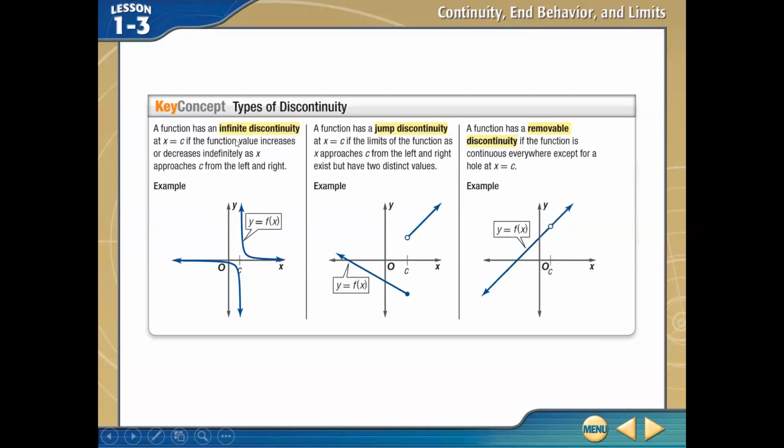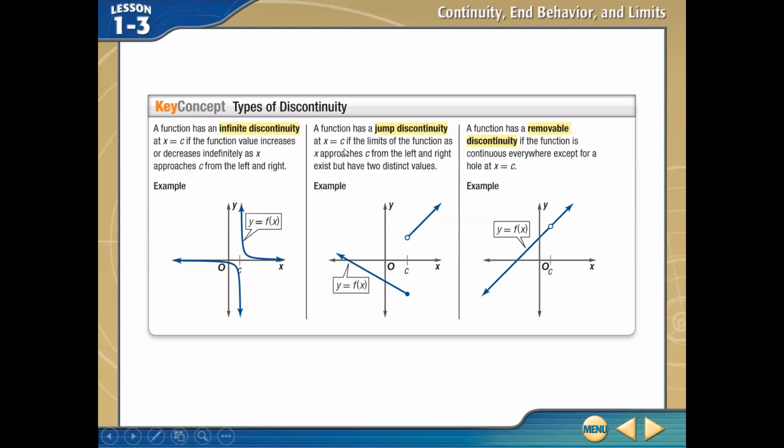Okay, but the key thing is, for an infinite discontinuity, as we get closer and closer to C, one side of our graph goes to a negative infinity and one side of our graph goes to a positive infinity. Okay, a jump discontinuity at x equals C. C is here, and like I said, this is like a piecewise function. Okay, where they've cut off areas of the domain where C is encompassed in one but not encompassed in the other.